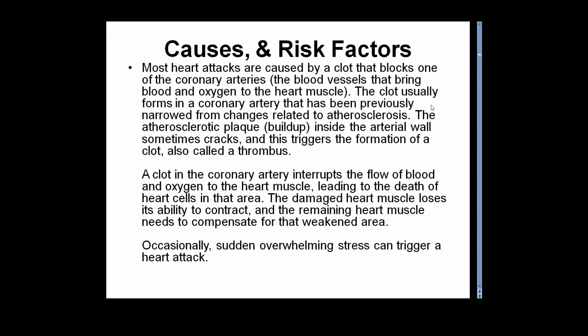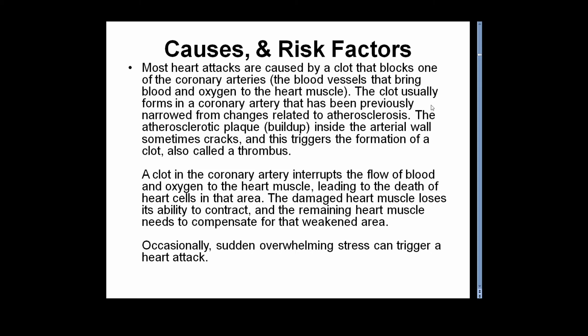The reason for the chest pain is acute ischemia, acute coronary thrombosis. Most heart attacks are caused by a clot that blocks one of the coronary arteries, the blood vessels that bring blood and oxygen to the heart muscles.